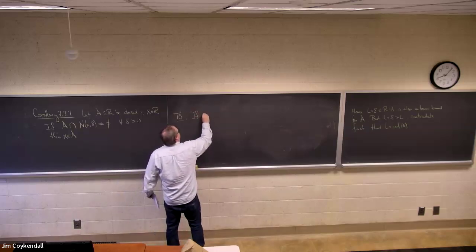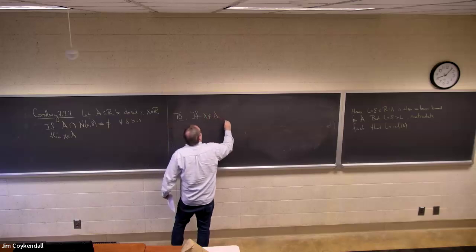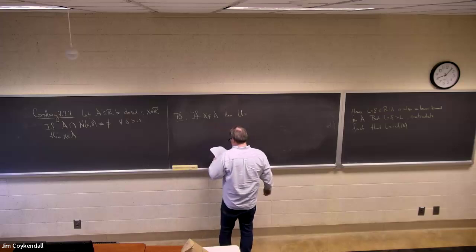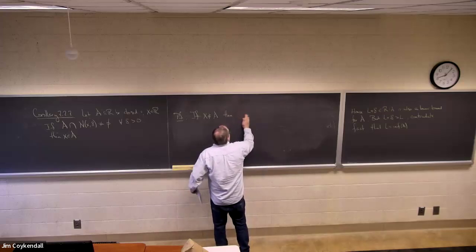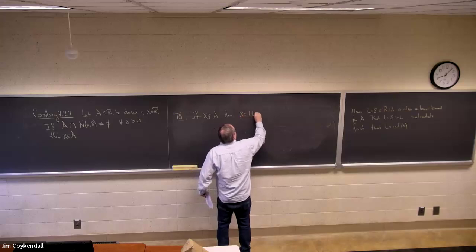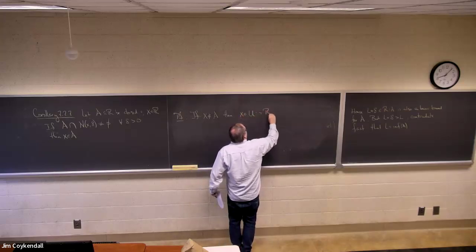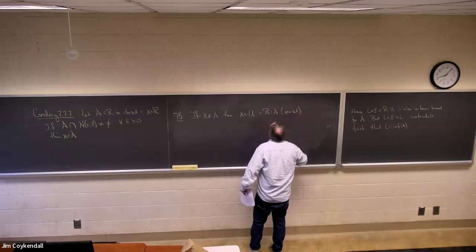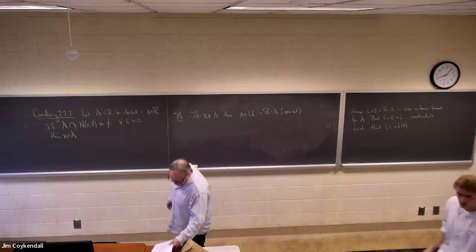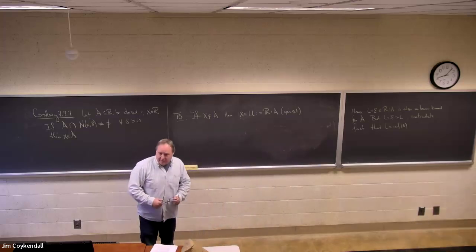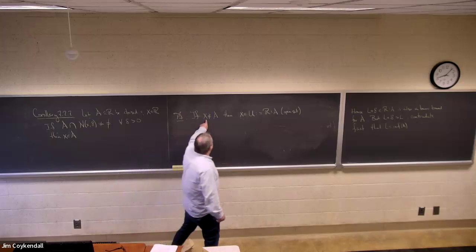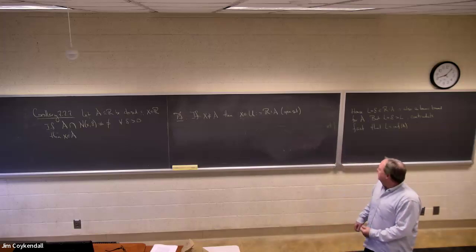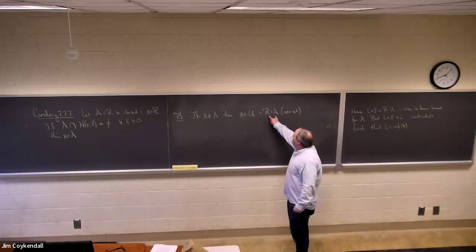If x is not in A, then x is in the complement of A, which is an open set, call it U. And what does it mean for the set to be open?